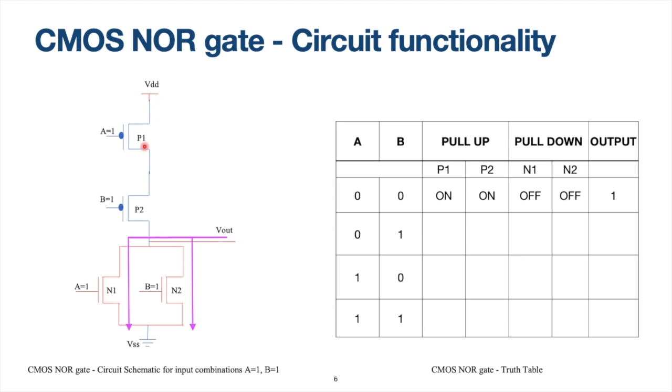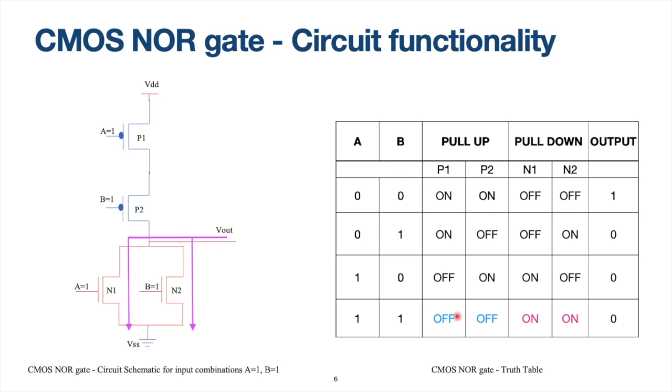Both transistors P1 and P2 are off. On the other hand, transistors N1 and N2 are both on. Therefore, there is a path from Vout to the ground through transistor N1 and through transistor N2 as well. So, it is very obvious that your output is going to be 0. This is what is given in the truth table.